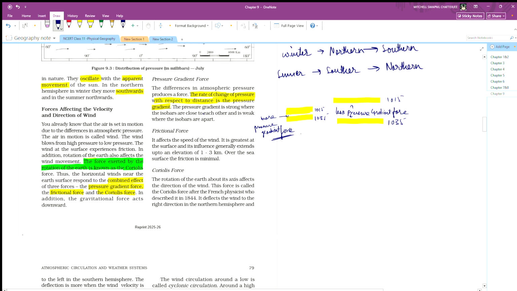So the pressure gradient is strong when the isobars are close to each other, and weak when the isobars are apart. Since this is a definition, let's go to the next one.